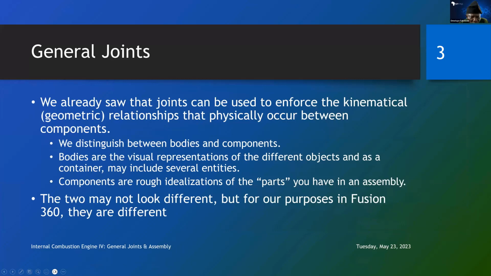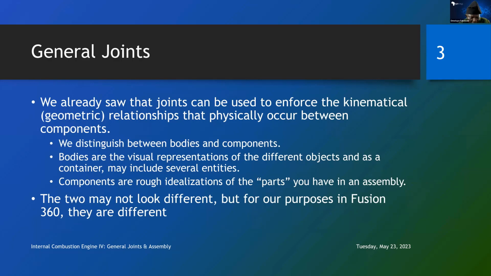We already saw that joints can be used to enforce kinematical, also called geometrical, relationships that physically occur between components. We distinguish between bodies and components. Bodies are the visual representations of different objects. The body in Fusion 360 is a container, but components are also a container.